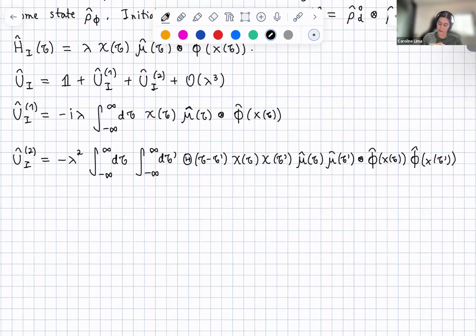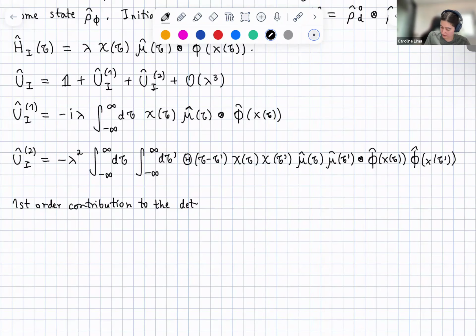Okay. So given that we have computed for this specific case what are the contributions for first and second order, let's compute the first order contribution to the system final state.